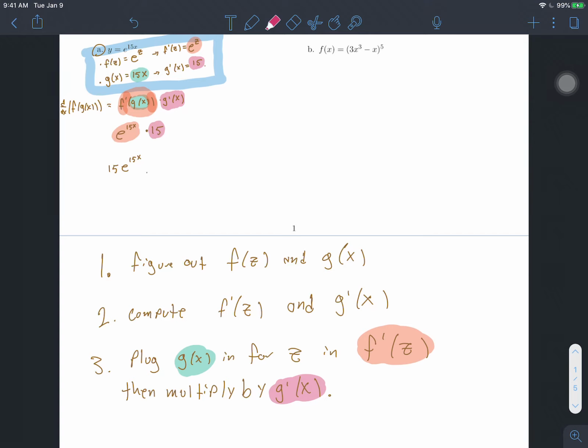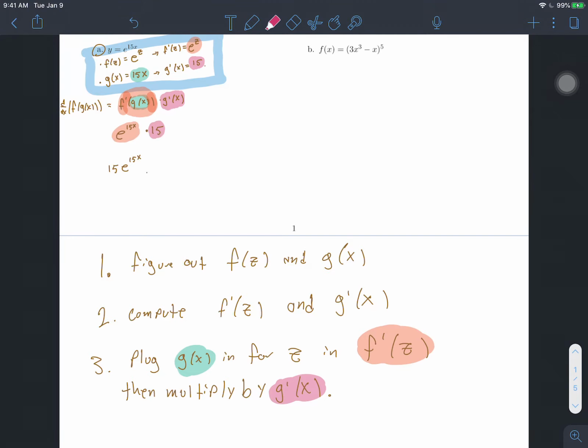So that's the color coding of what was going on there. All right. Any other questions? You guys feel confident with the chain rule?